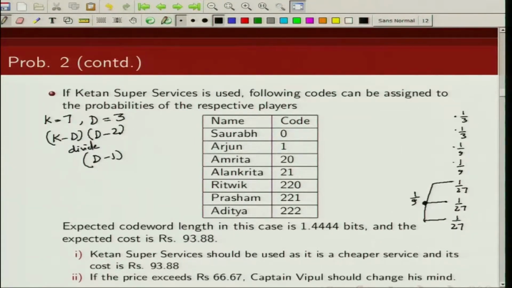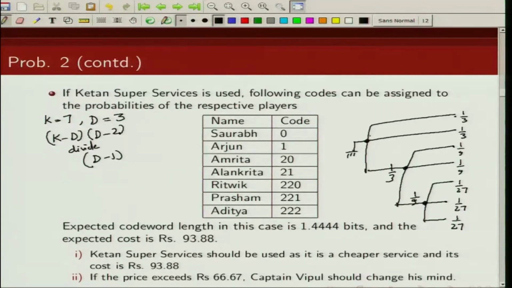Next we combine this node and this node, and their probability is 1 by 9 plus 1 by 9, that's 1 by 3. And finally we combine these 3 nodes. This is the root, this probability 1.